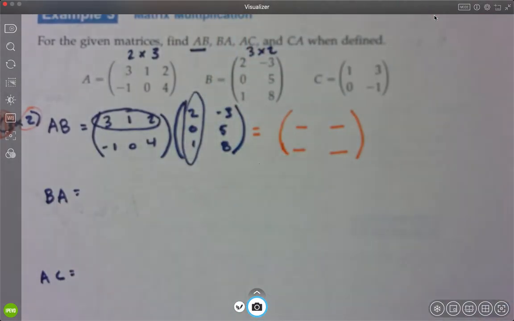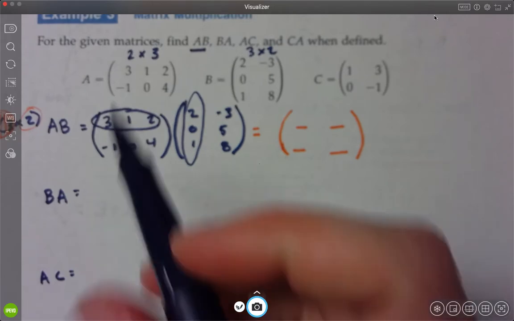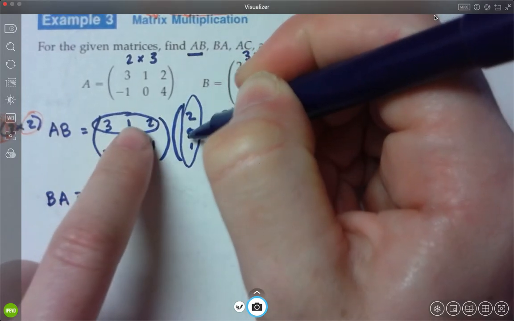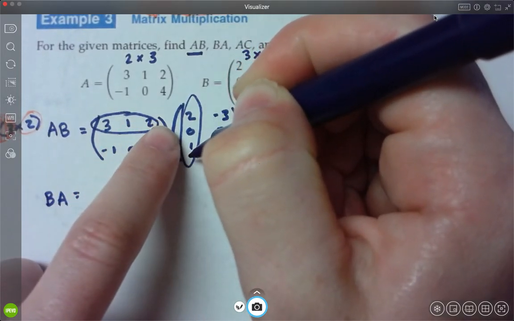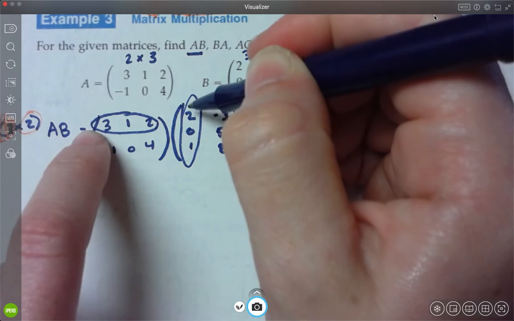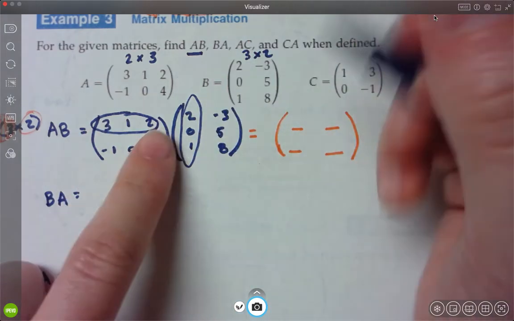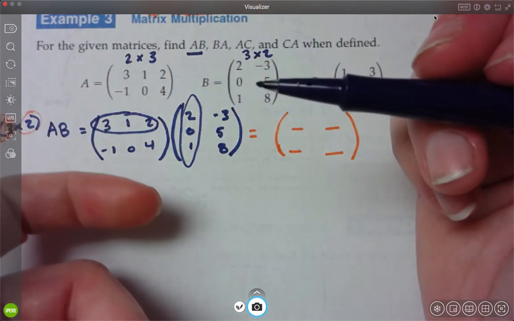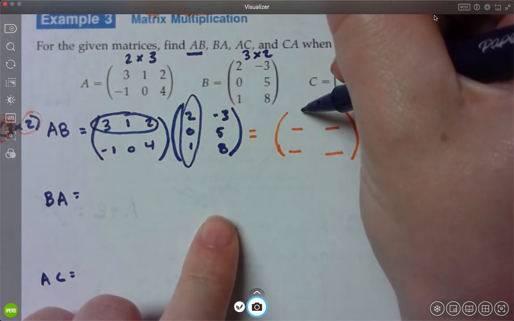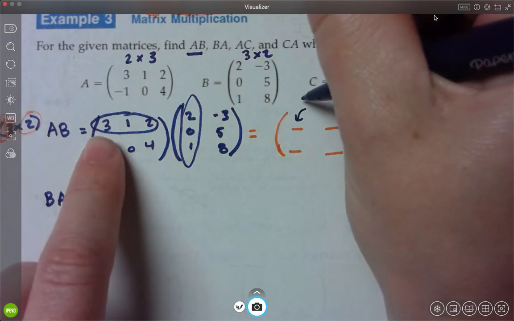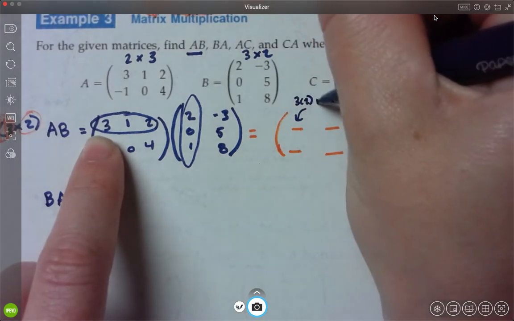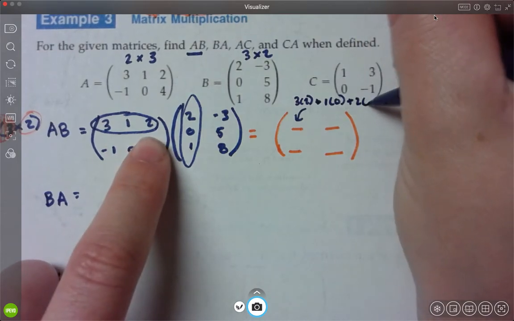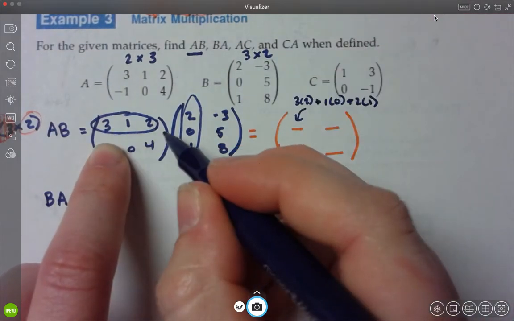This is going to look kind of funny. We take this row times this column. So this 3 I multiply by the 2, the 1 I multiply by the 0, and the 2 I multiply by the 1. So 3 times 2, 1 times 0, 2 times 1, and at the end I add those numbers together. So in this cell, I take 3 times 2 plus 1 times 0 plus 2 times 1. I'm taking this row times this column.